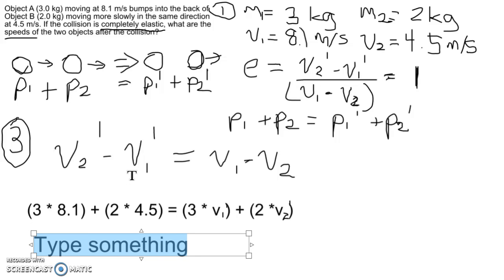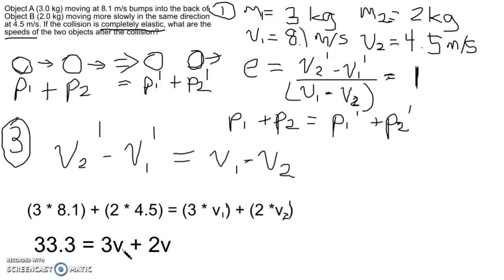This first side all equals 33.3, right? So we find this is 24.3, this is 9, you add them, you get 33.3. That equals 3 V1 prime plus 2 V2 prime, right? But you can't solve that any further, really.